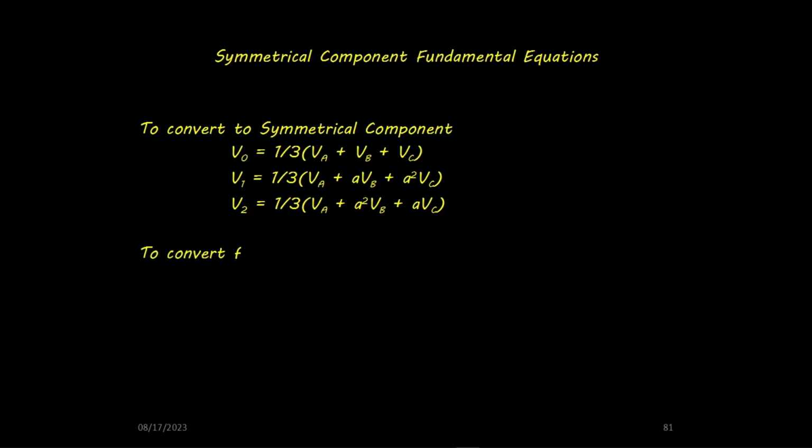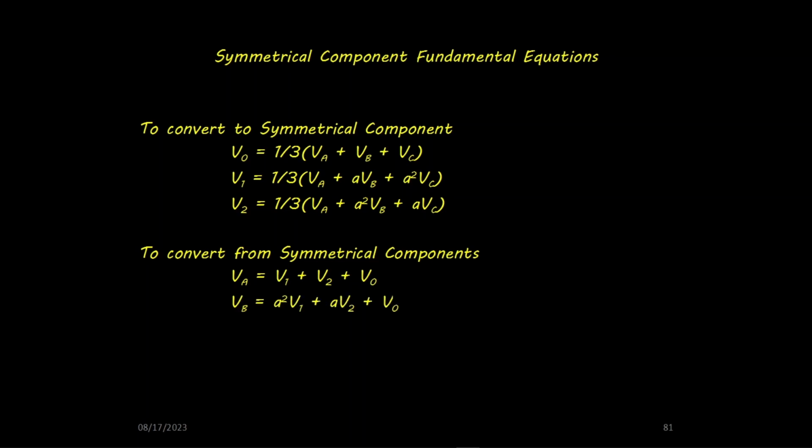To convert from symmetrical components, VA equals V1 plus V2 plus V0. VB equals a squared times V1 plus a times V2 plus V0. VC equals a times V1 plus a squared times V2 plus V0.